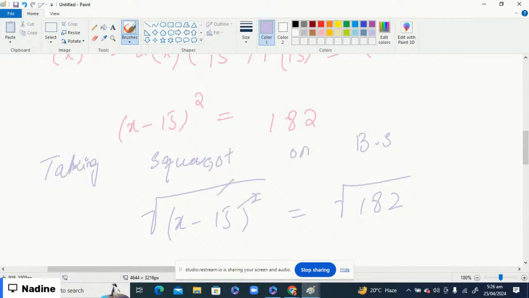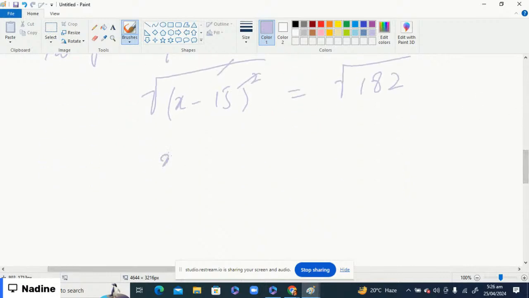This should be cancelled with the square. Here it's only left x minus 15.